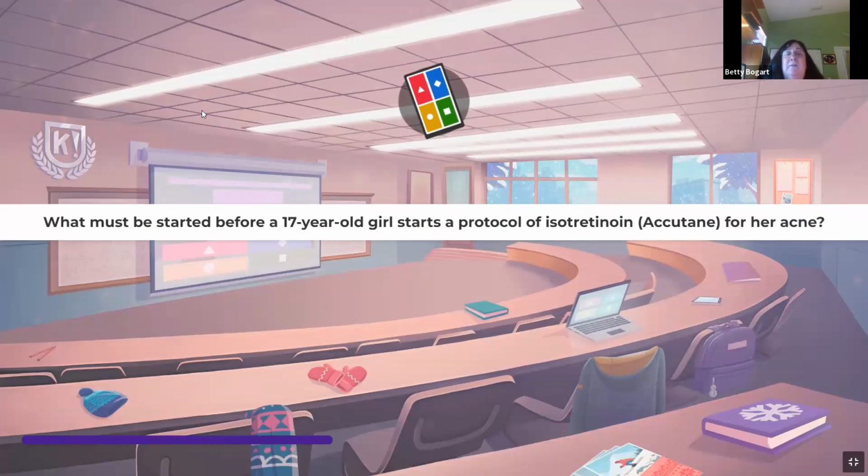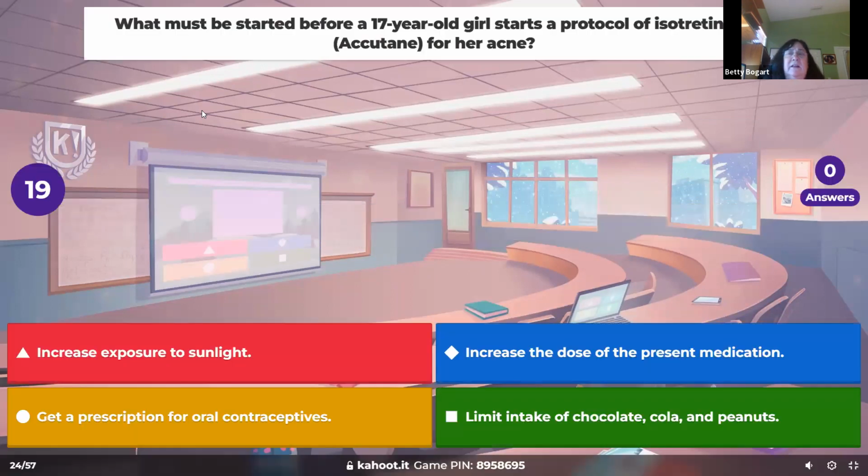What must be started before a 17-year-old girl starts the Accutane for her acne? It's a black box warning. You know, Accutane is really the last resort for really bad acne for teenagers. And they try everything else first before they go to this one.